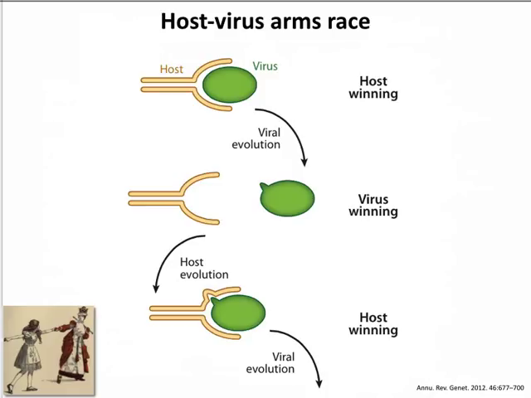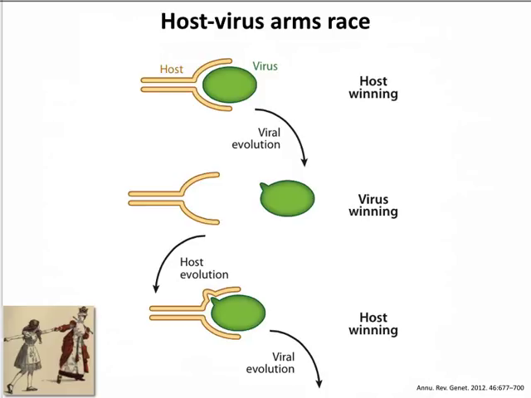So a concept has arisen because of these data called the host virus arms race. Basically what this means is that you have a host protein. This could be an antibody, or it could be any host antiviral protein that neutralizes a virus. And eventually the virus will alter to change the way it interacts with this protein, so it escapes. The virus is winning, we say.